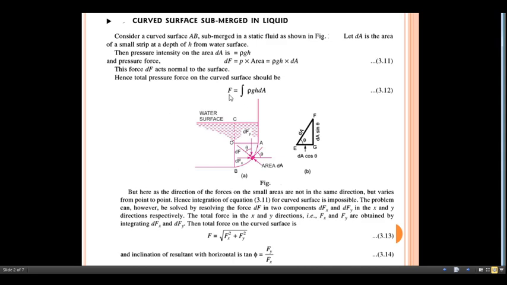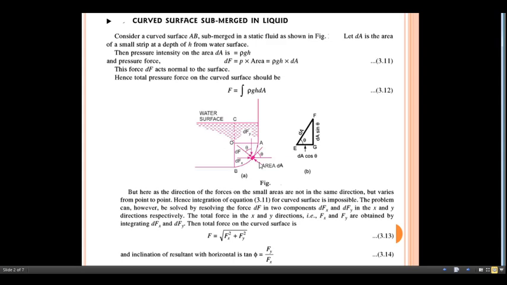If you look at the relation F equals the integration of rho g h into dA, the direction of the force on this small area is not the same but varies from point to point. So integration of this equation for the curved surface is impossible.